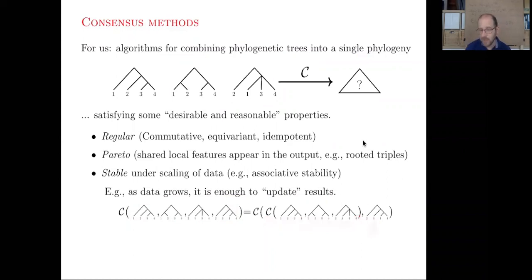Instead of doing the whole computation, you want to take the old tree and update it with the new data. This is called associative stability, not by me, but by people who study this for a living.